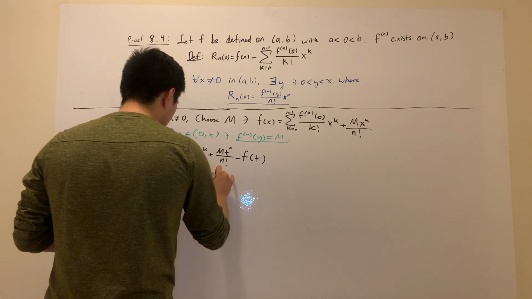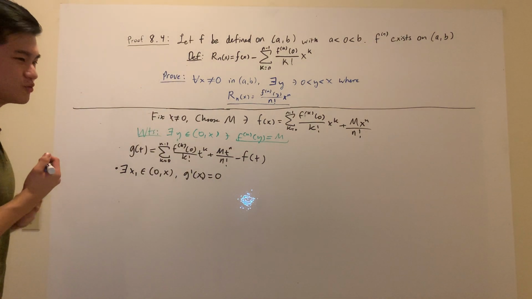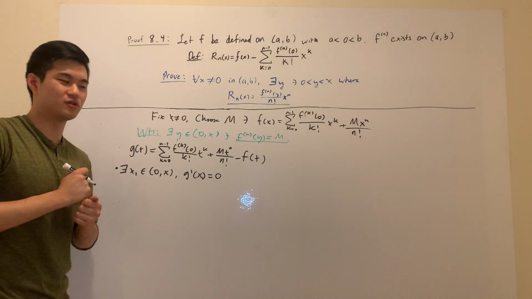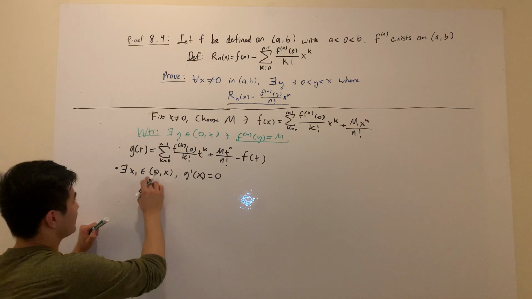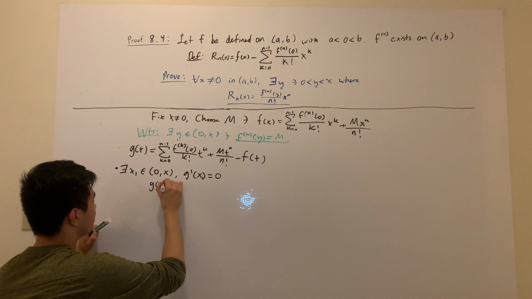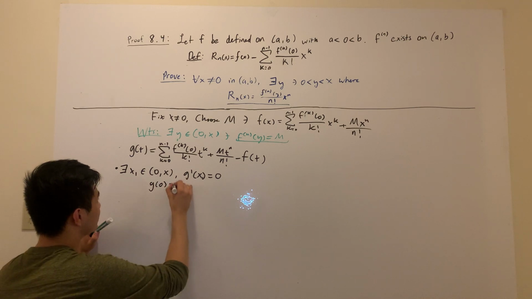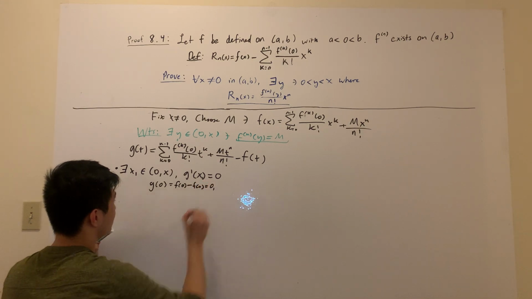x1 equals 0. What we're doing here is implementing Rolle's theorem, because as we'll see at these endpoints 0 and x, g of 0 equals f of 0 minus f of 0, which is equal to 0.